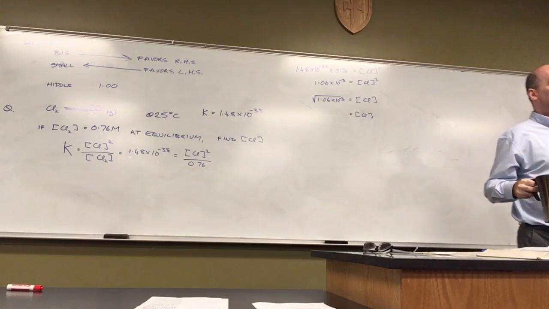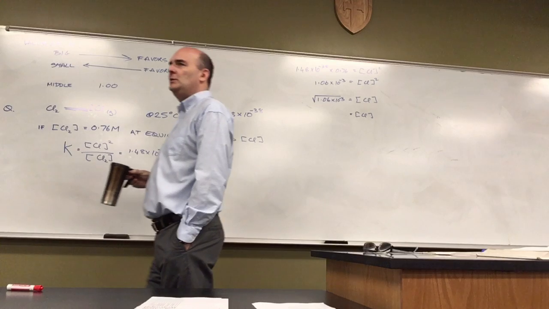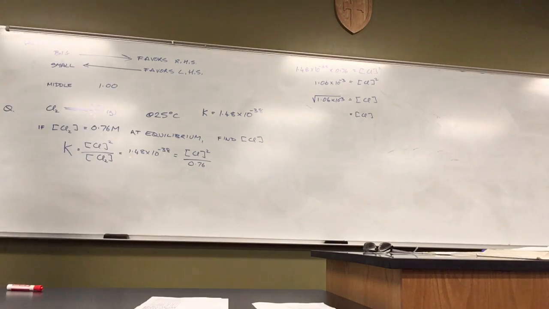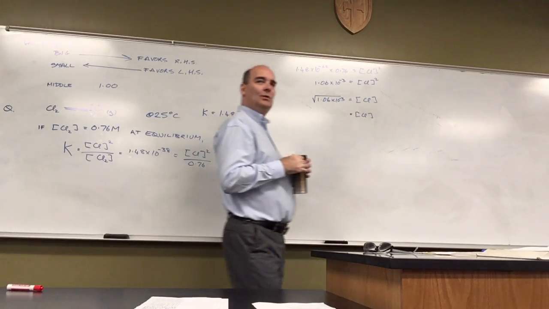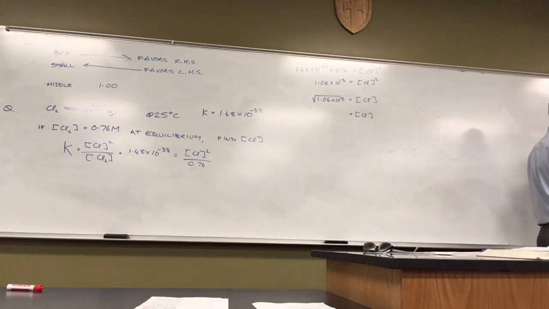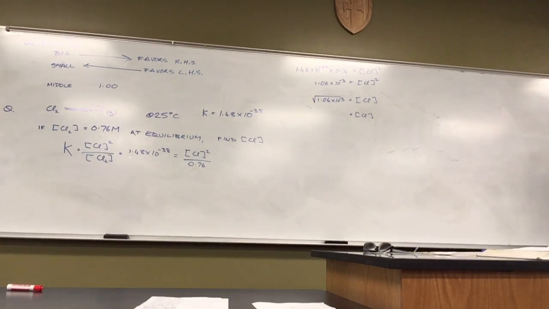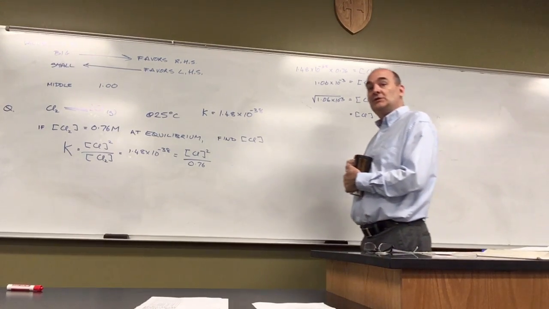The thing with exponents is when you multiply them, the exponents add. So 10 to the 2 times 10 to the 2 equals 10 to the 4. And when you divide them, they subtract.